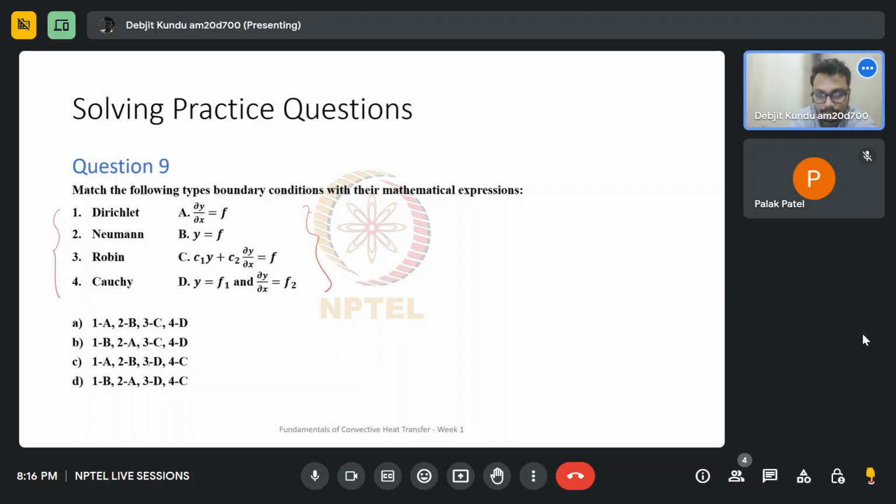Which would it be? Once you match a few, you should get an idea and you don't have to solve all four of them. If you have any questions, you can ask.